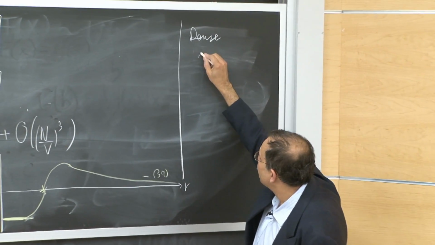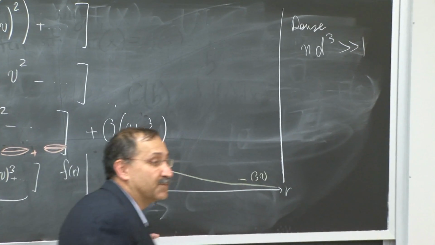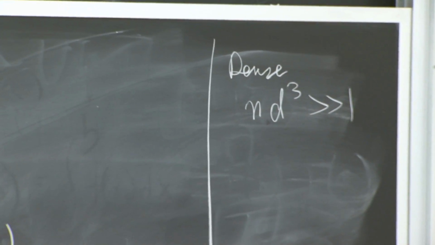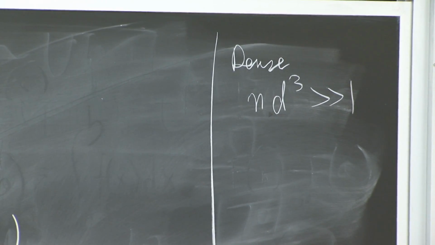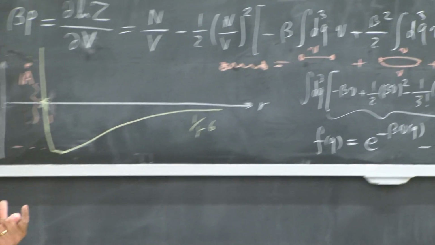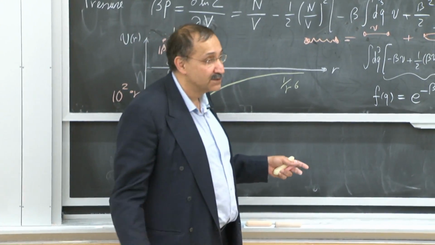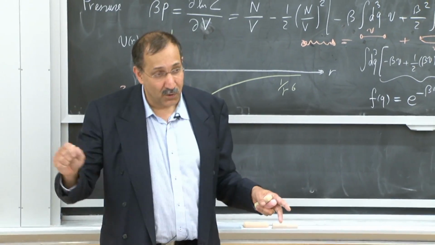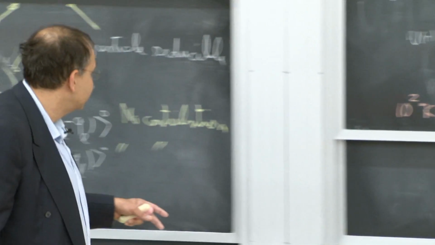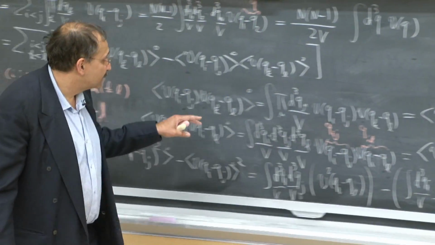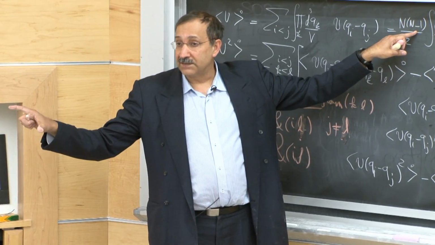So there is some kind of interaction range, n v cubed, if it is much larger than 1, then it turns out that rather than looking at diagrams that have the fewest number of points, in this case 2, you have to look at diagrams that have the largest number of points, because each additional point will give you an additional factor of n over v. You can see that these factors of n minus 1 over 2 came from the number of points that I had selected.